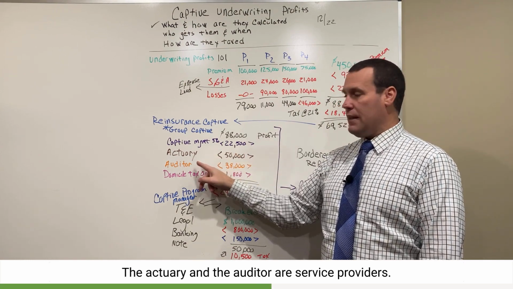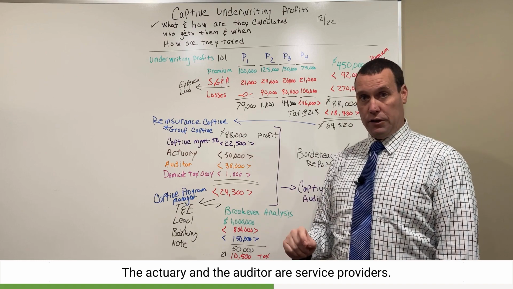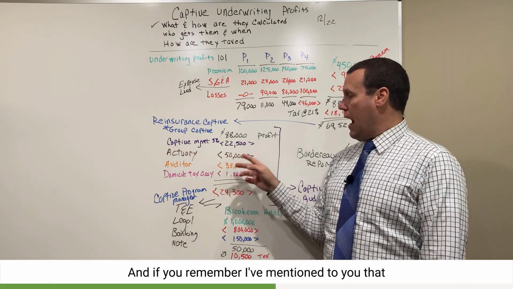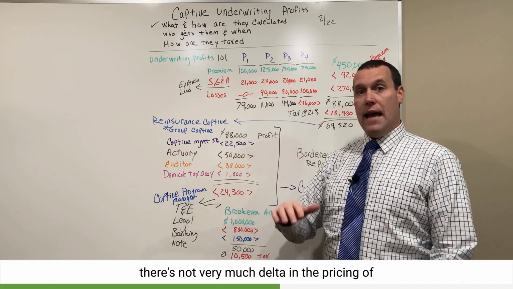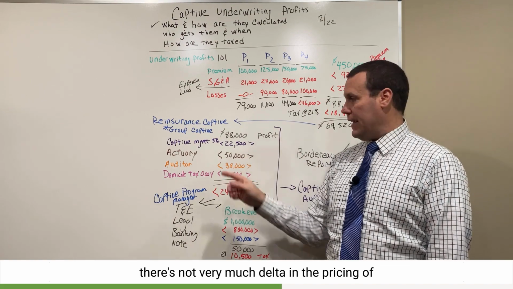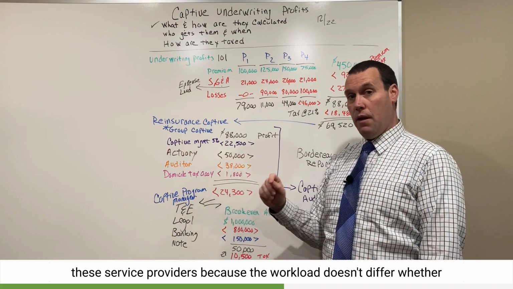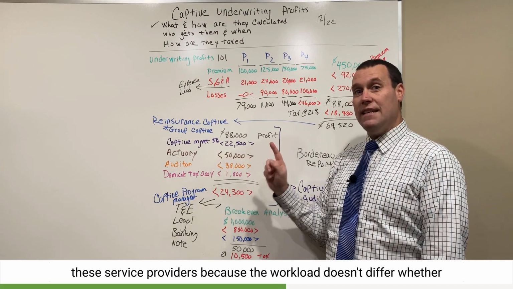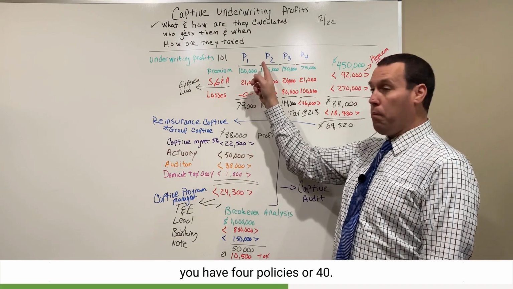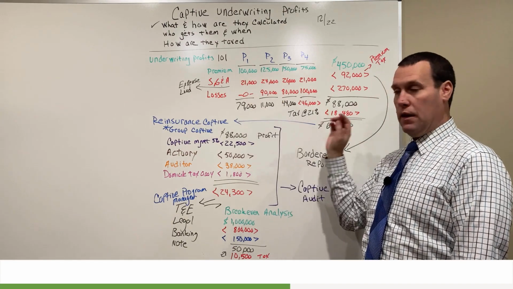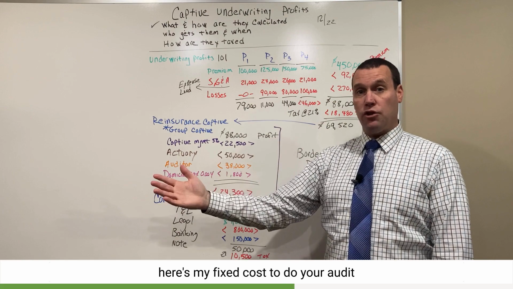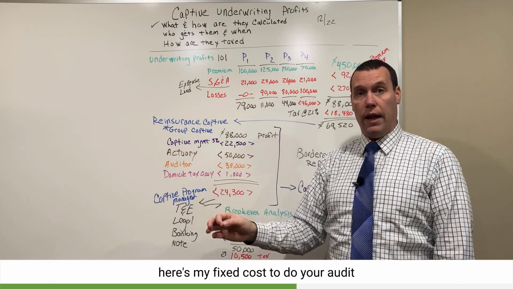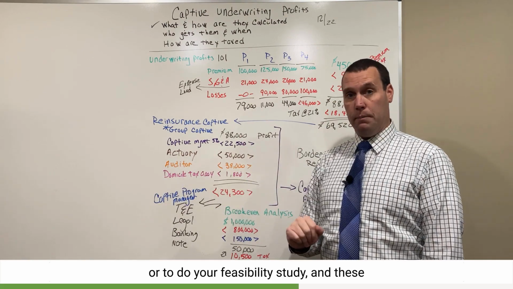The actuary and the auditor are service providers. And if you remember, I've mentioned to you that there's not very much delta in the pricing of these service providers because the workload doesn't differ whether you have 4 policies or 40. So they're many times going to say, here's my fixed cost to do your audit or to do your feasibility study.